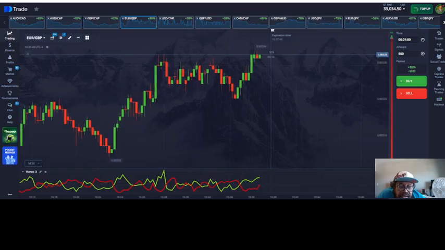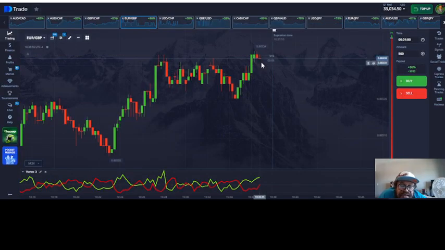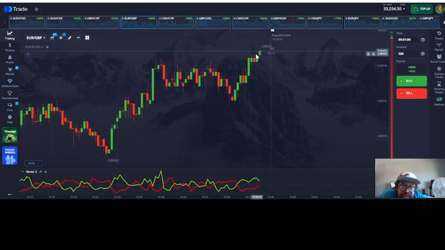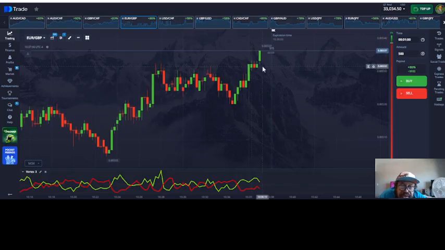So I'm on the Euro Great British Pound currency pair, and if you notice, it's reached a level of resistance here. So I'm anticipating a bearish reversal here. Okay, so it kind of pushed above it and it's continuing upward.